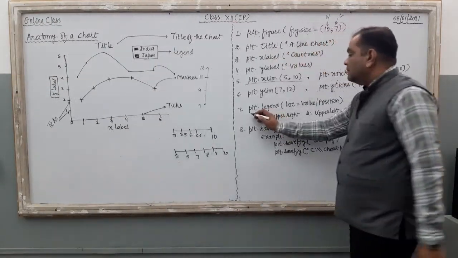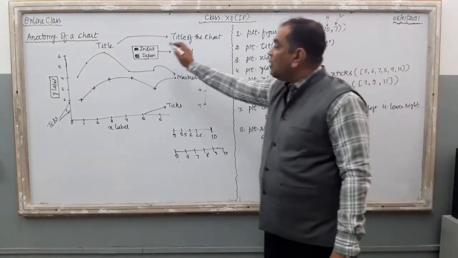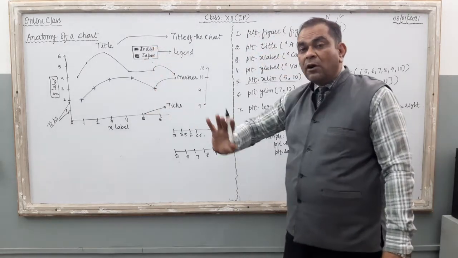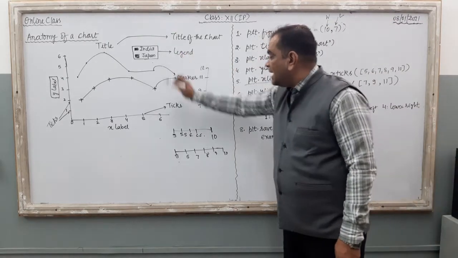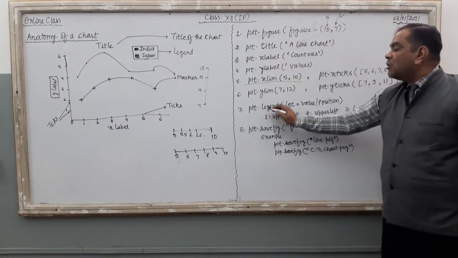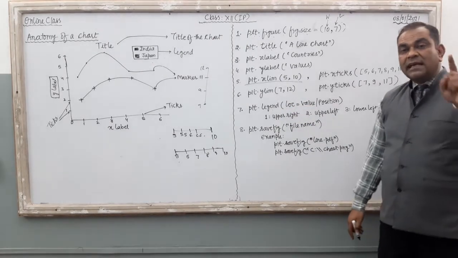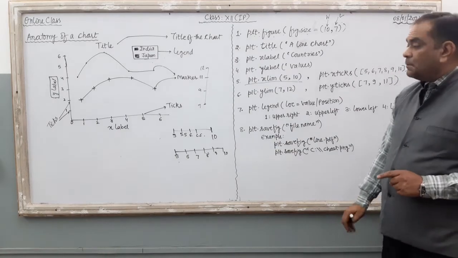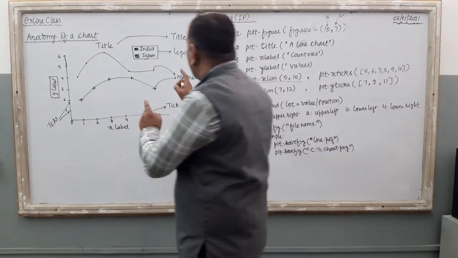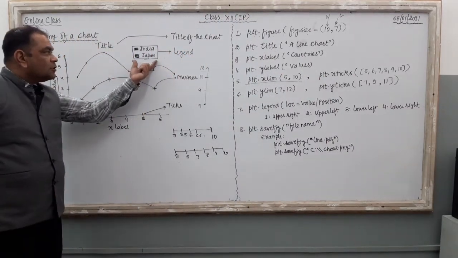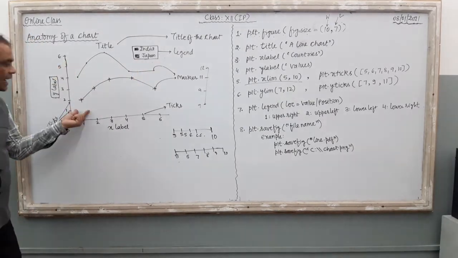Now the next one, plt.legend. If you want the legend of the chart to appear, note that a legend is applicable for multiple charts only. Right? To set the legend, the function is plt.legend. Here in the legend function there is one attribute, the loc attribute, and by using it you can set the position of the legend. This position is known as the top right position. You can set it at this position, or here also.